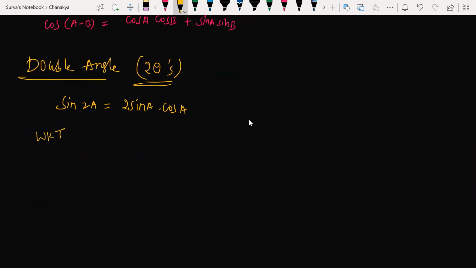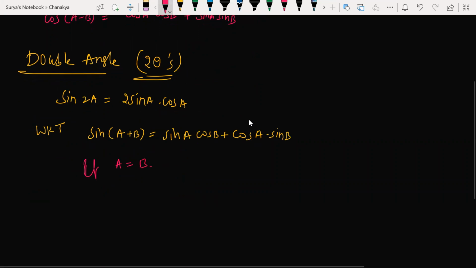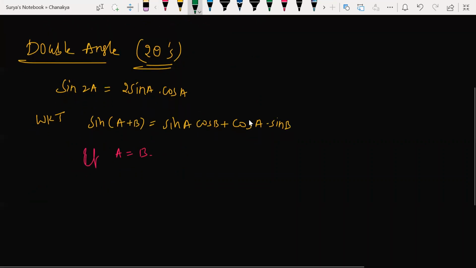We know that sin of A plus B is equal to sin A cos B plus cos A sin B. Okay? If A is equal to B, both will be equal. What happens? Sin of A plus A. Do you agree with my point?